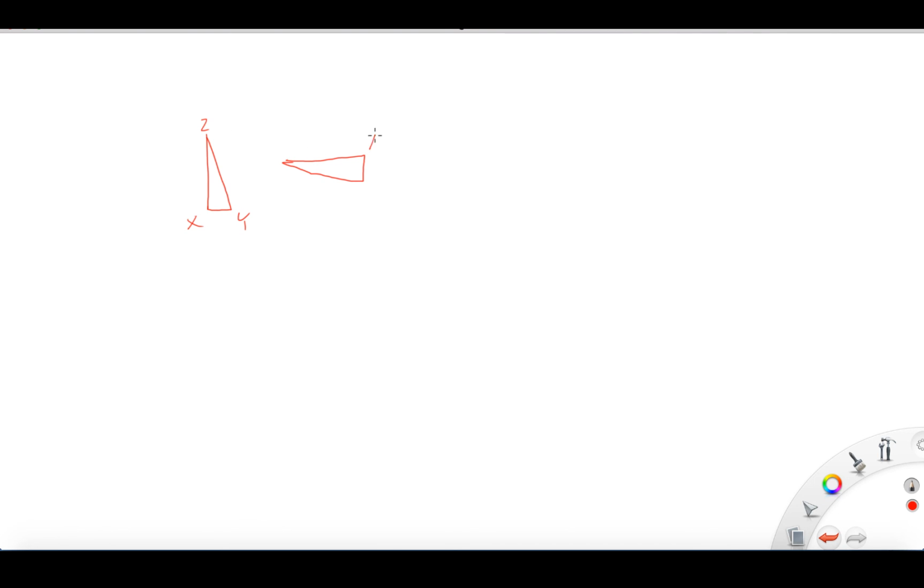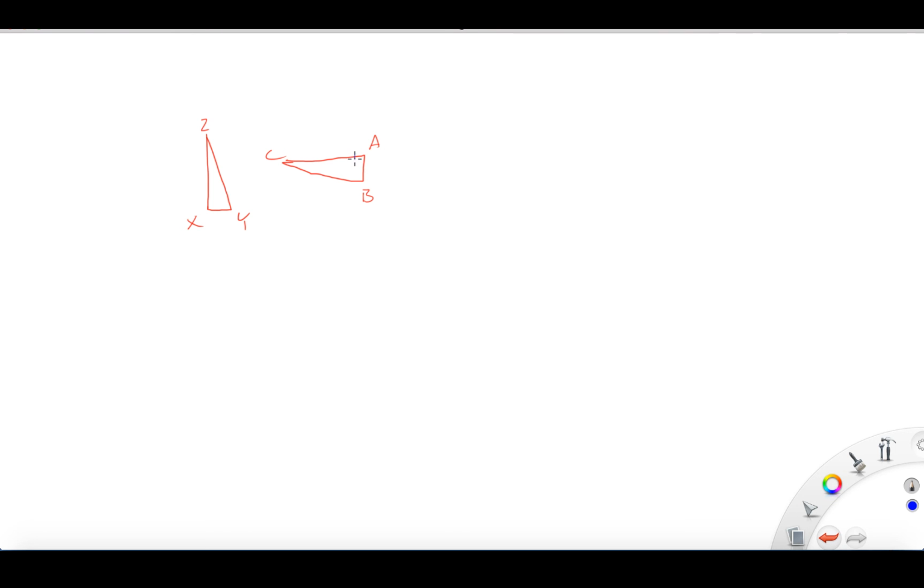And then we have A, B, C. Okay, what are we doing with these triangles? Okay, the question A says, which angle in triangle XYZ corresponds to angle A in ABC?